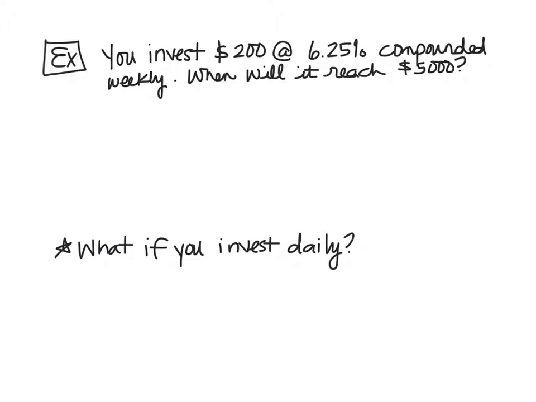Okay, so we're going to go back to our original problem, except this time notice that we're going to be compounding weekly. All of our values are still the same. 200 is still my p-value. There's my rate. This time, though, we want to do weekly, so let's write that equation out. We're going to have y equals, remember weekly means that n is going to be 52 because there are 52 weeks in a year.